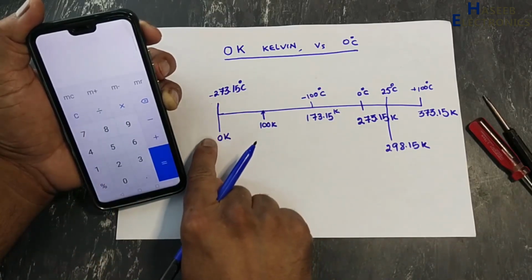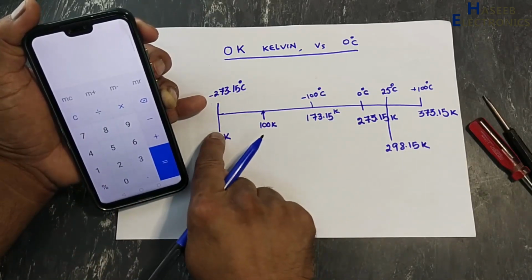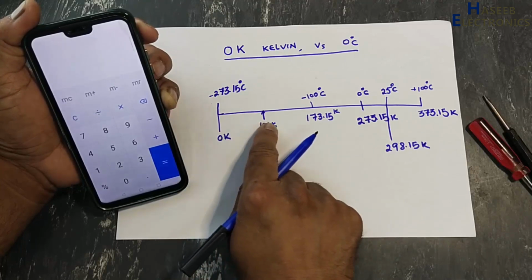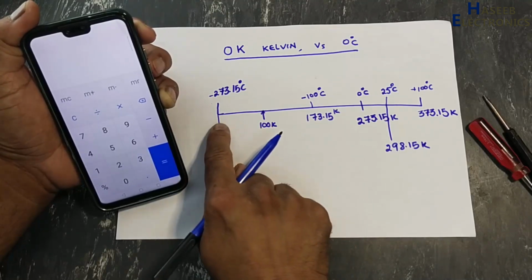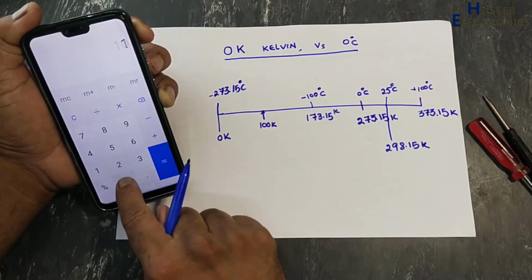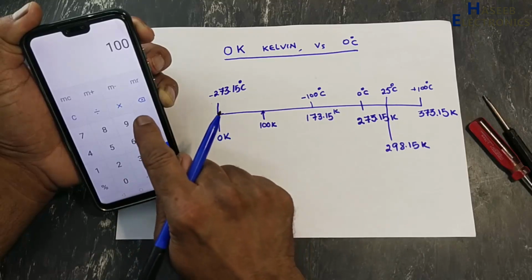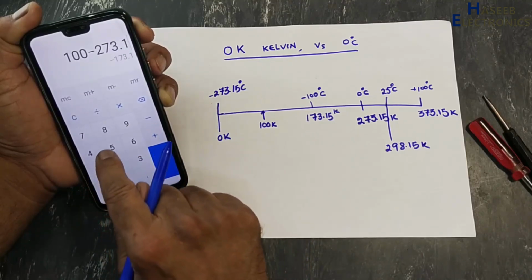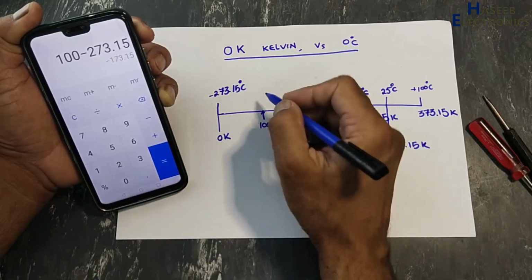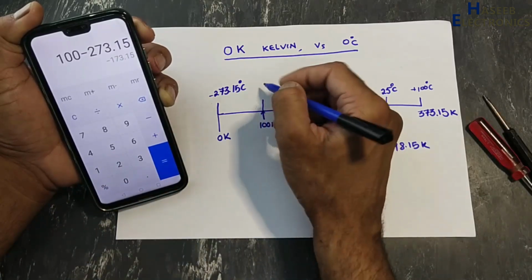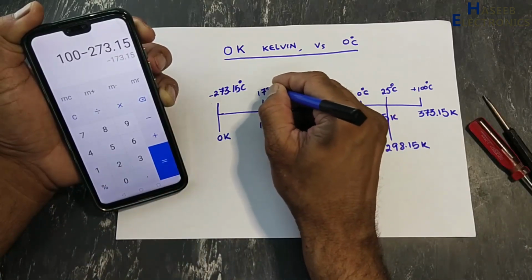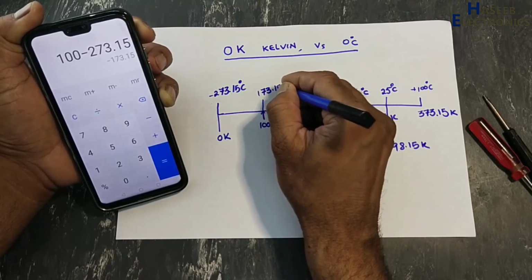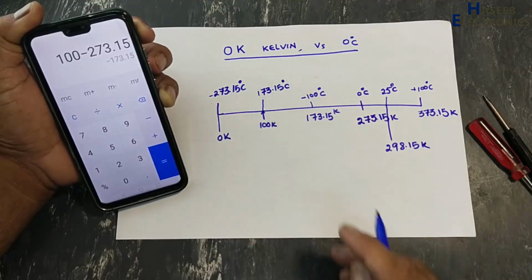I want to convert 100 Kelvin into degrees Celsius. Now from 0 to 100 on this side, 100 minus 273.15, the temperature here will be minus 173.15 degrees Celsius.